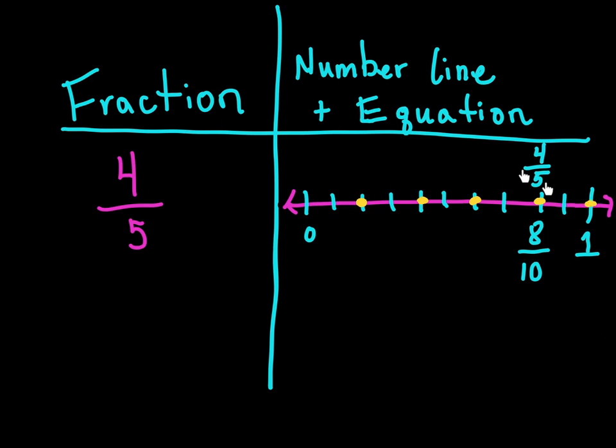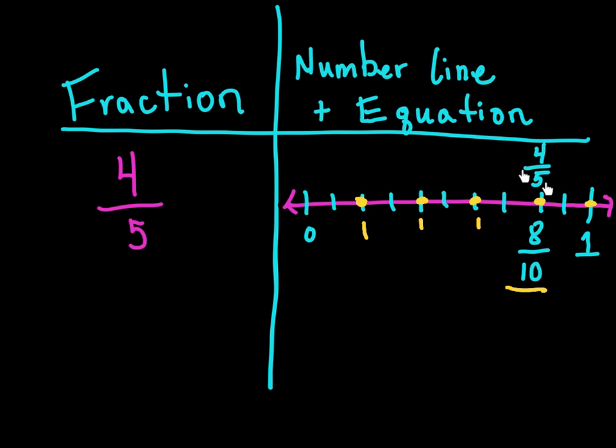So we just skipped to the next tick mark to get to 4/5 because it's split up by halves. We multiply the top and the bottom by 2, and we're going to get 8/10. So it's kind of like that halfway point between the tenths.